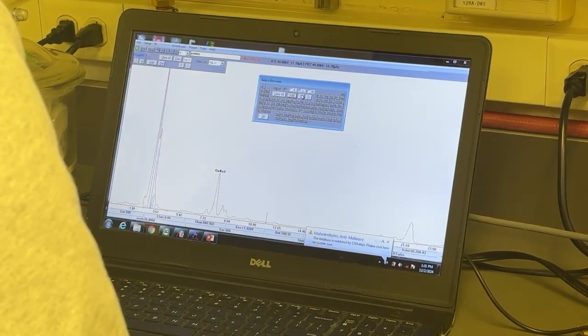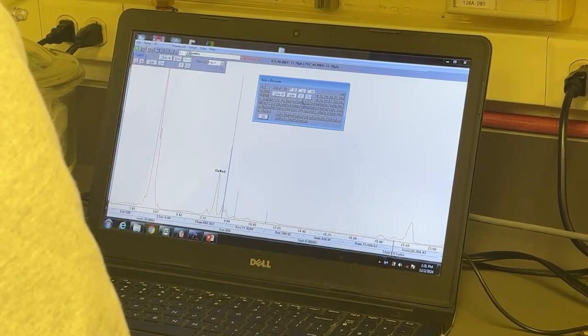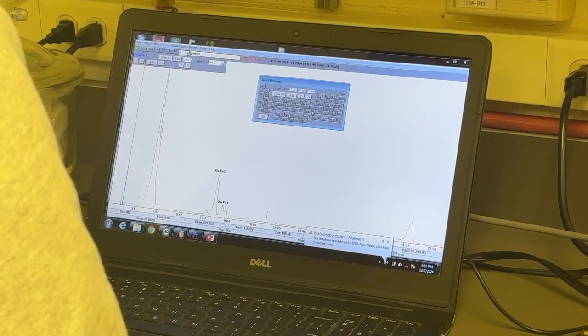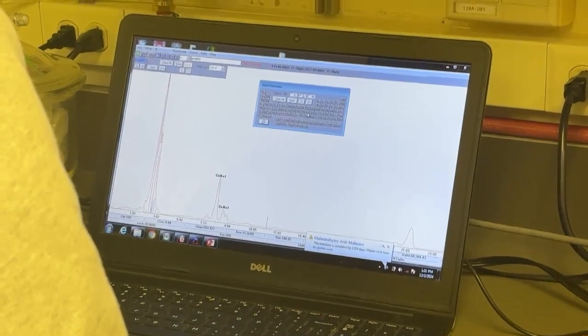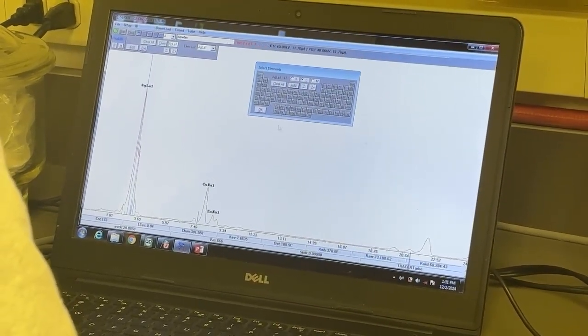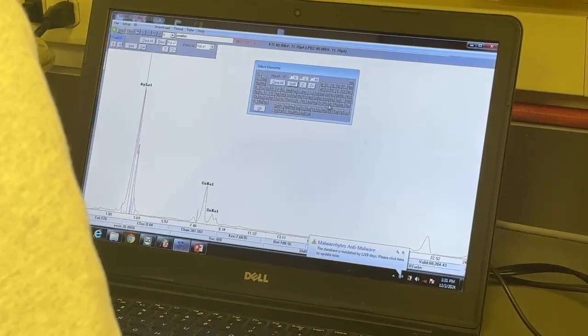Okay. Now, most likely we have zinc, small quantity. Now we can try to look for lead.